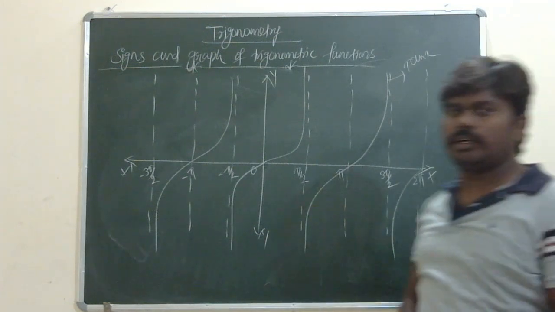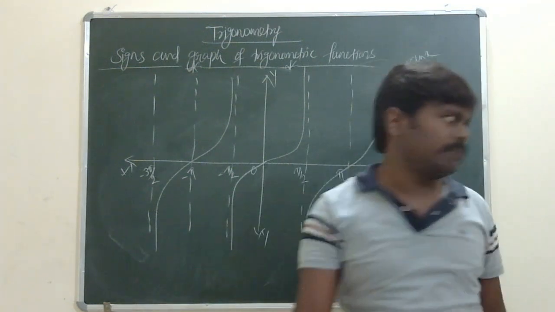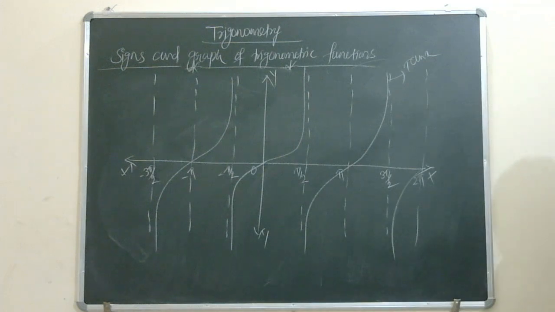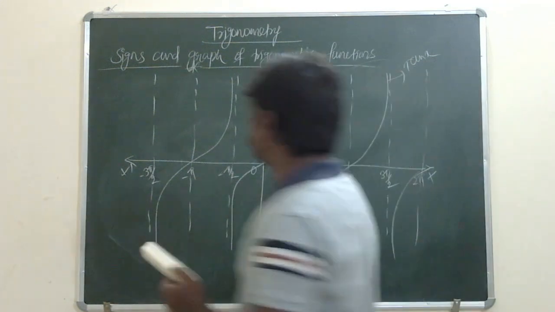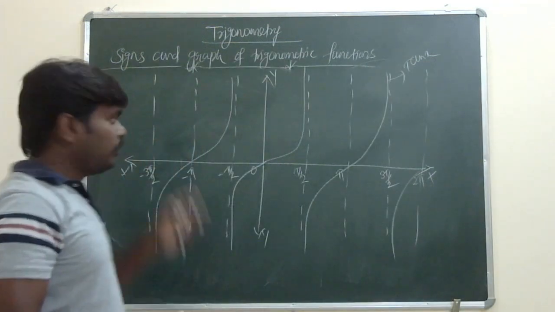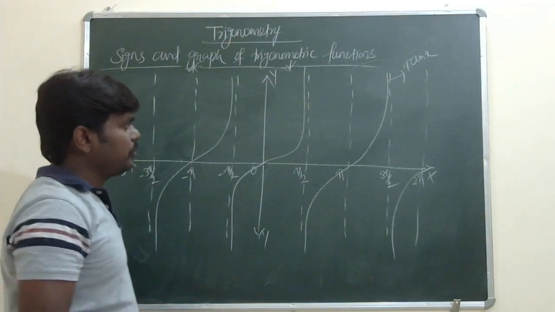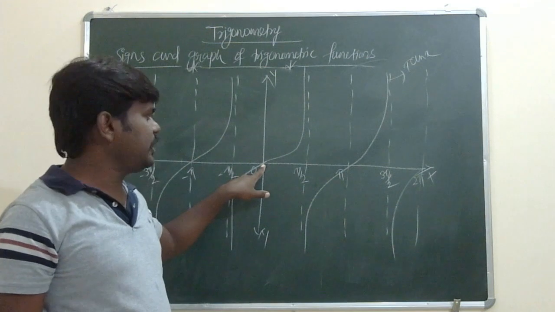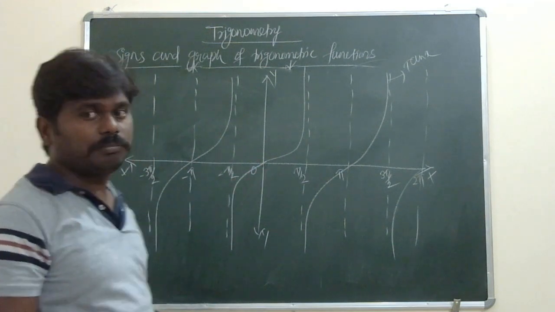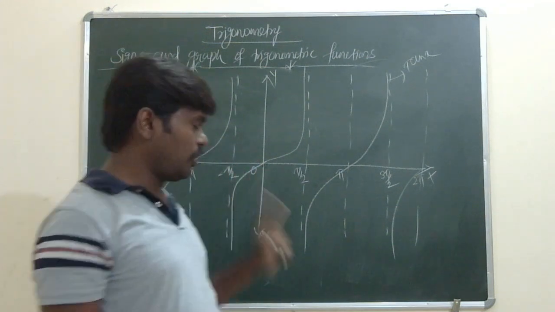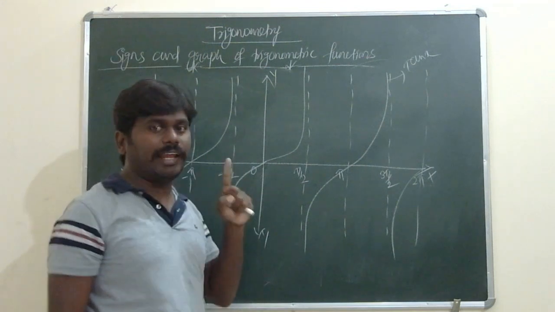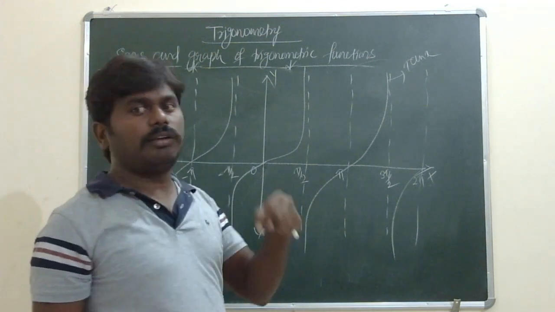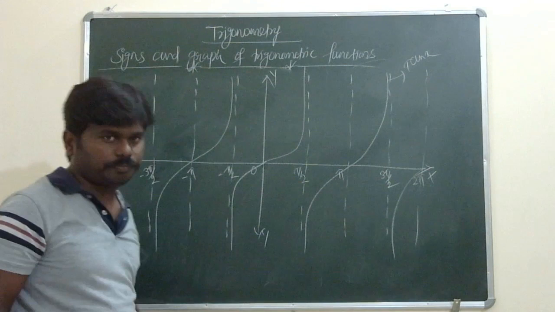So now we will see the graph of the cot also at the same time. So here, the graph of the cot. How to draw the graph of the cot function? Cot 0 is not defined, but cot 90 is defined and equal to 0.